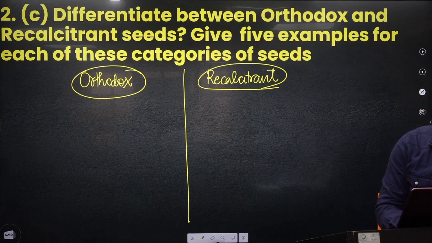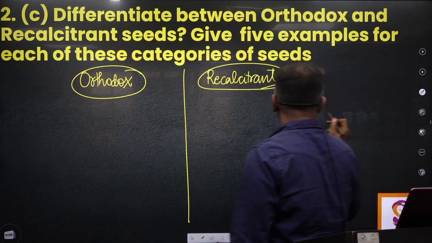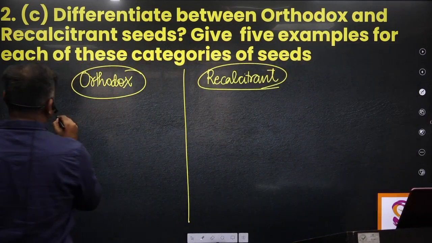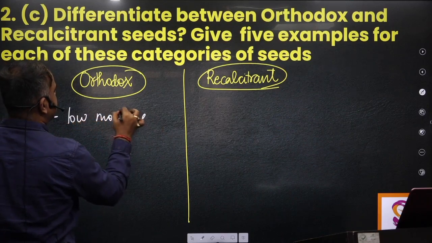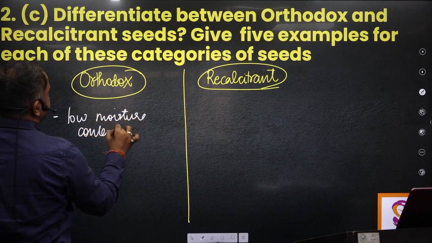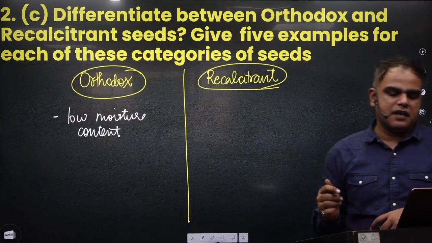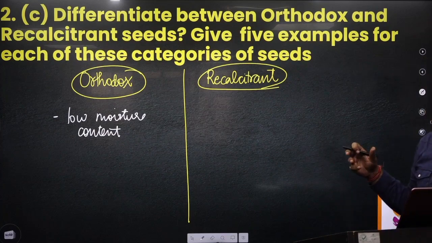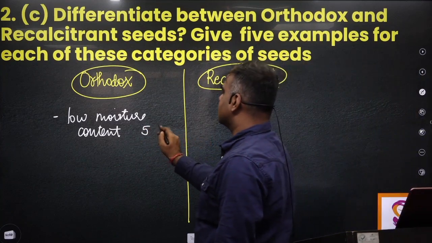The very first point is the most important, that it is the orthodox seed. So when the drying happens, this can be dried to low moisture content. That is the main point. And this cannot be dried to low moisture content. In fact, it cannot tolerate too much drying. So here it is roughly around 5%.